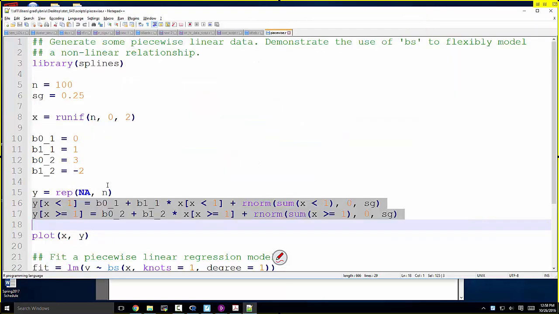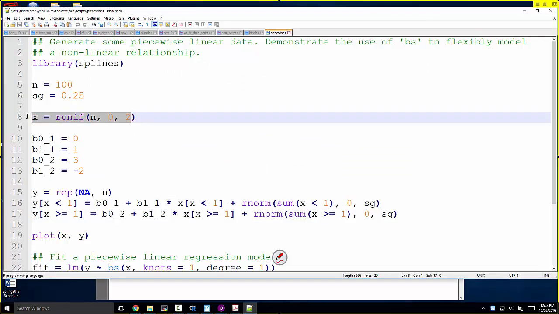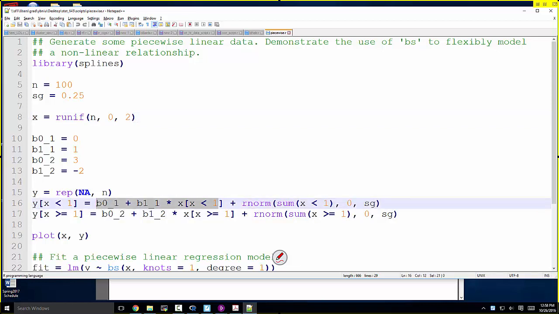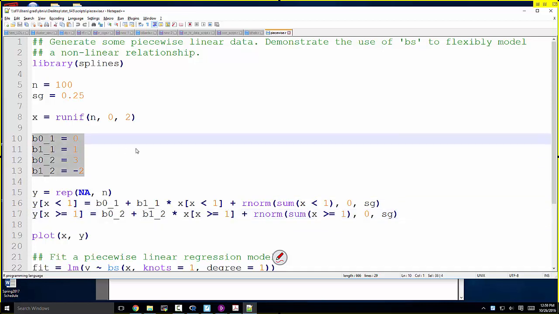So I'm going to simulate some data that's kind of like that. We're going to have times that go between 0 and 2, and for times between 0 and 1, there's going to be one regression model, one linear trend, and for times greater than 1, there's a different one. So I pulled these coefficients out of the air.